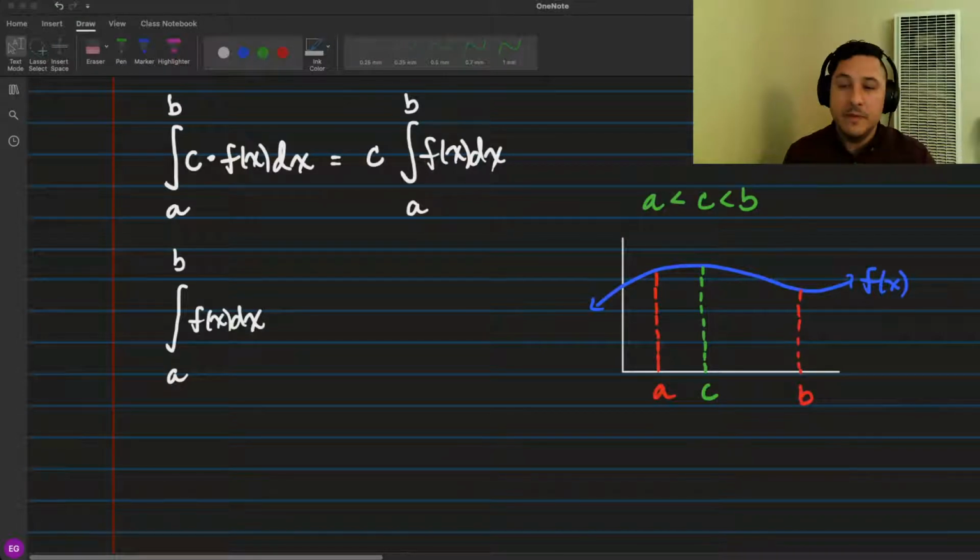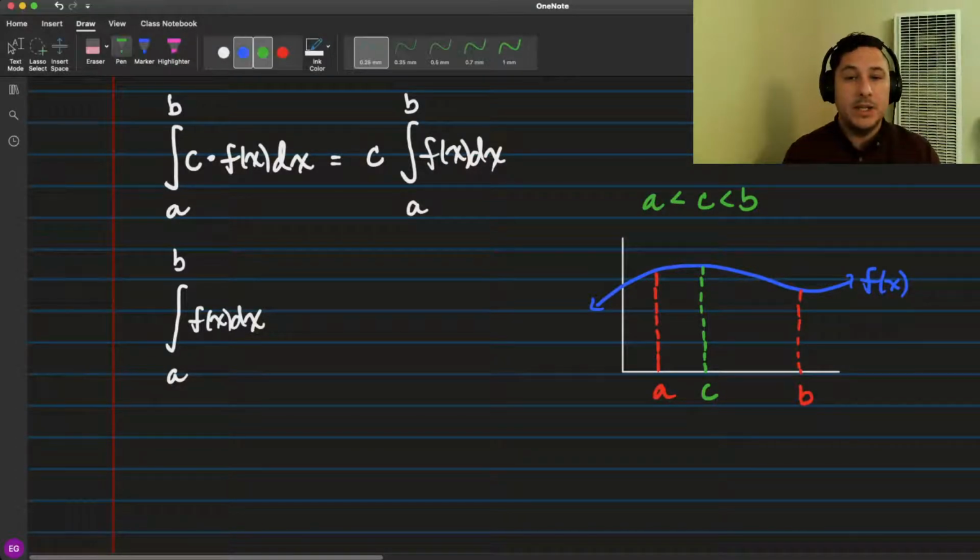So what you've done here is you've split up your area into two parts. You have this part in blue, and you've got this part in red.